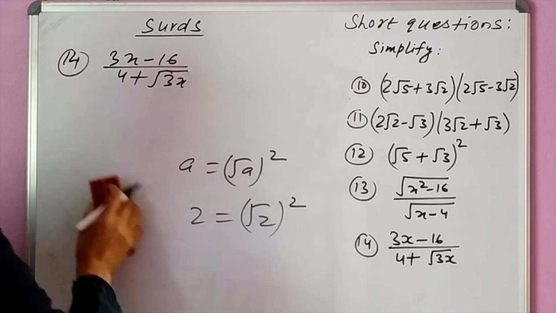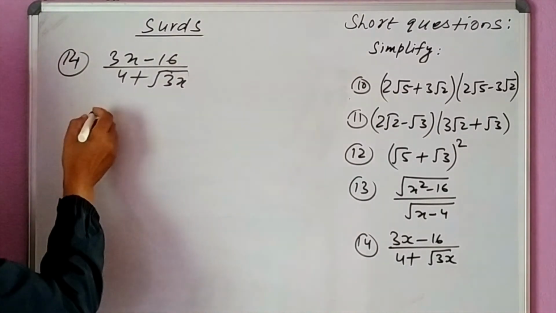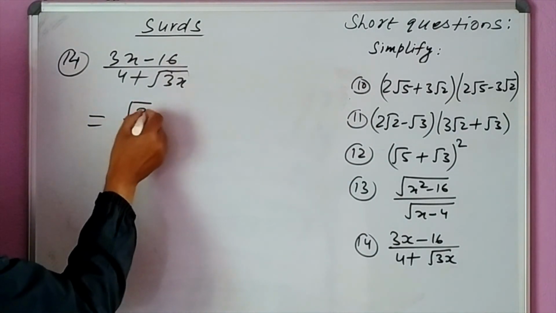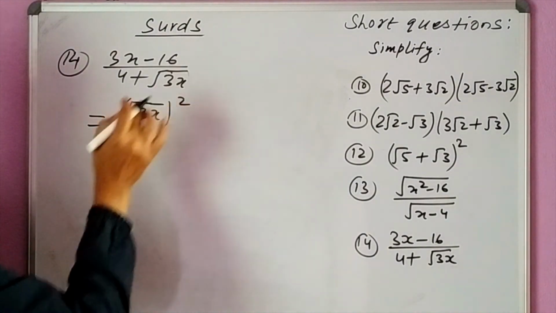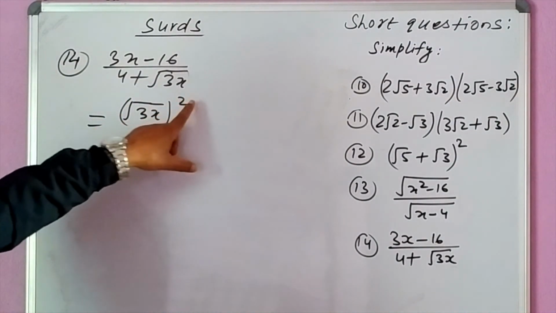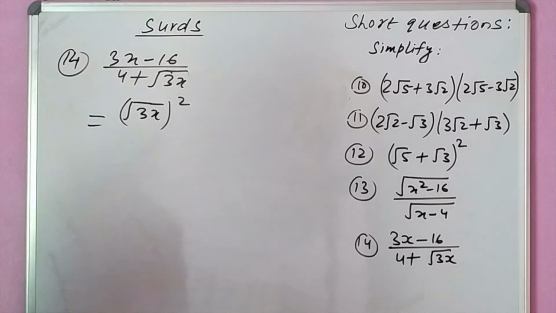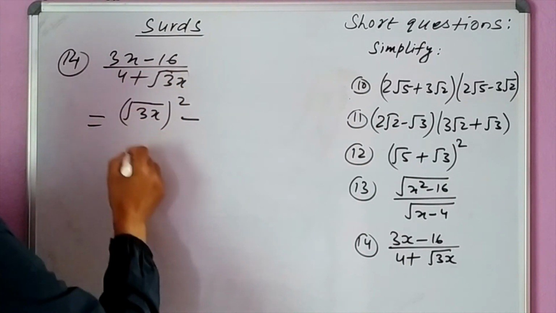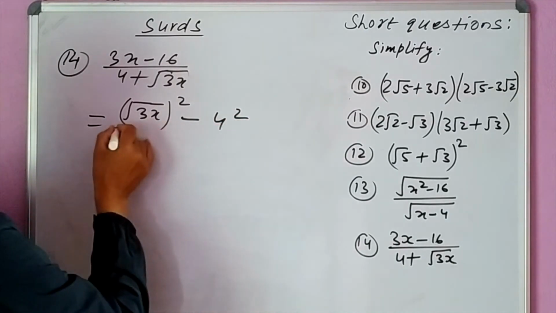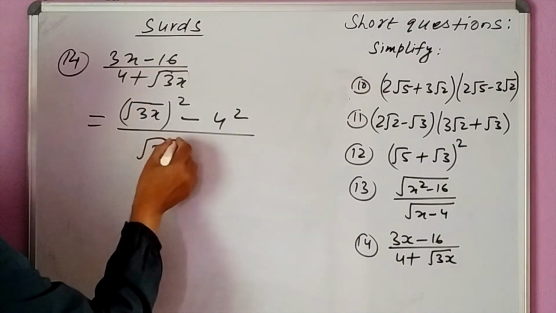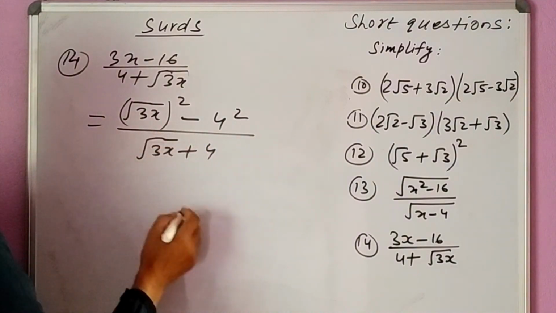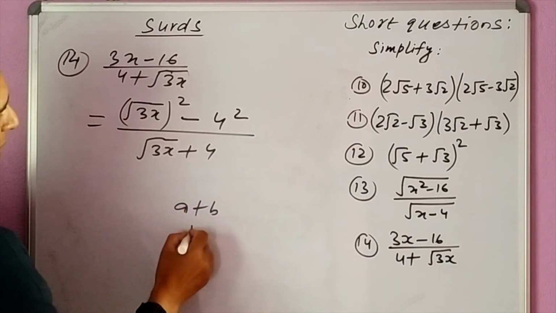Similarly this 3x can be written as under root 3x whole square, because the root and square will cancel, so it is 3x only. And this 16 is 4 square, upon this can be written as under root 3x plus 4. It is the same thing, either you write a plus b or b plus a.